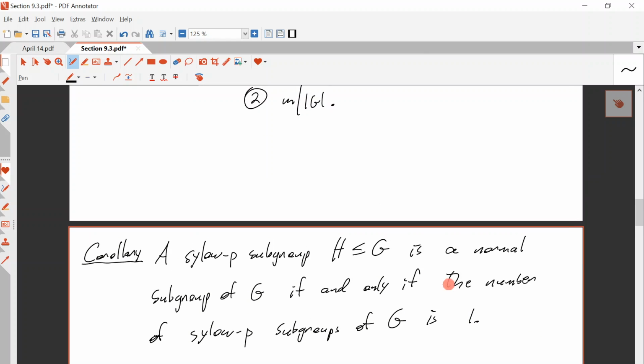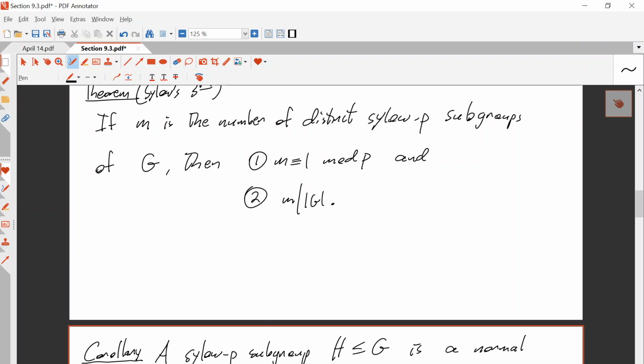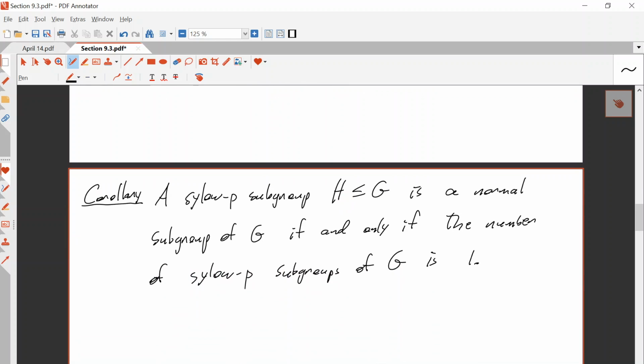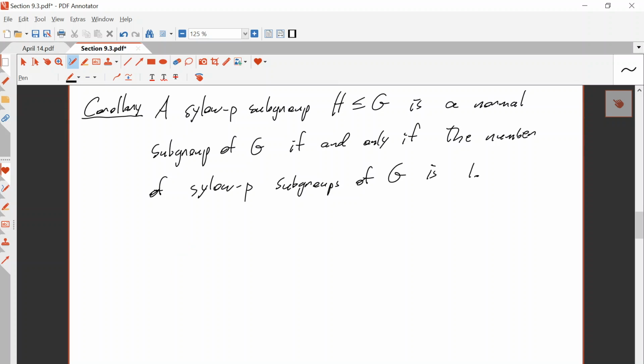Sylow's third theorem says that the number of distinct Sylow p-subgroups of G is congruent to 1 mod p. Here, all I'm saying is that a Sylow p-subgroup will be normal if and only if the number of Sylow p-subgroups is 1.